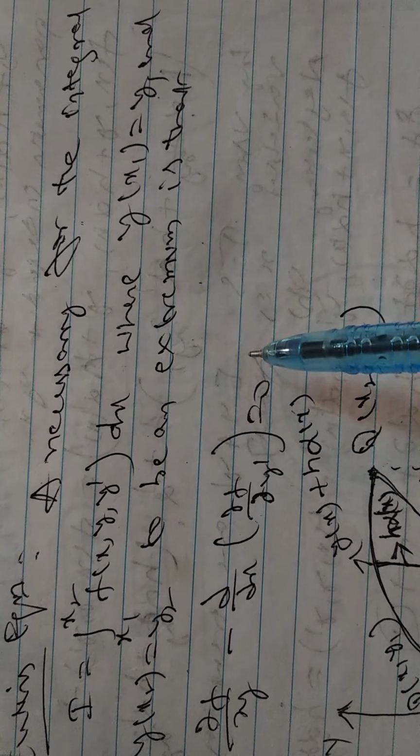A necessary condition for the integral I is equal to integral of x1 to x2 of the function f(x, y, y') into dx, that represents the variation, that is known as the functional, where y(x1) is equal to y1 and y(x2) is equal to y2, this means the initial condition, to be an extremum, extremum means the maximum or minimum, is that ∂f/∂y minus d/dx of ∂f/∂y' is equal to 0. So this statement is very important in examination.